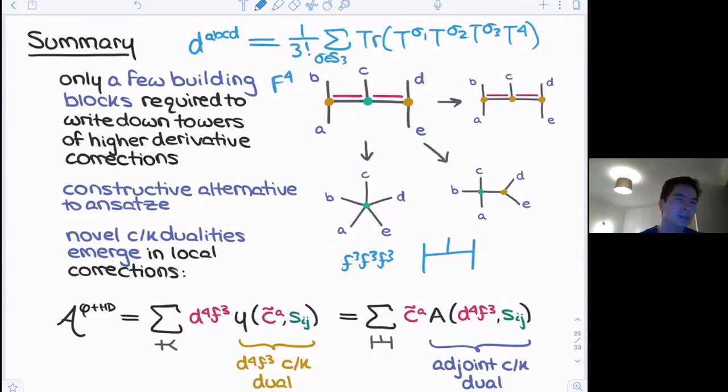Yeah, but if I think about it as a loop level thing, at 4 points you can also have double traces, which are not totally symmetric, but are also a valid color factor that appears at the same loop order and maybe somehow is reflected in an EFT, if you want to.